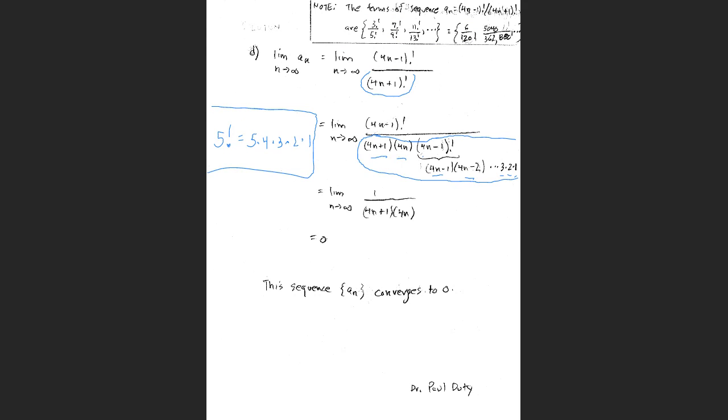But the 4n minus 1 times 4n minus 2 times all the way down to 3 times 2 times 1, that just equals 4n minus 1 factorial, right? That's what that equals.